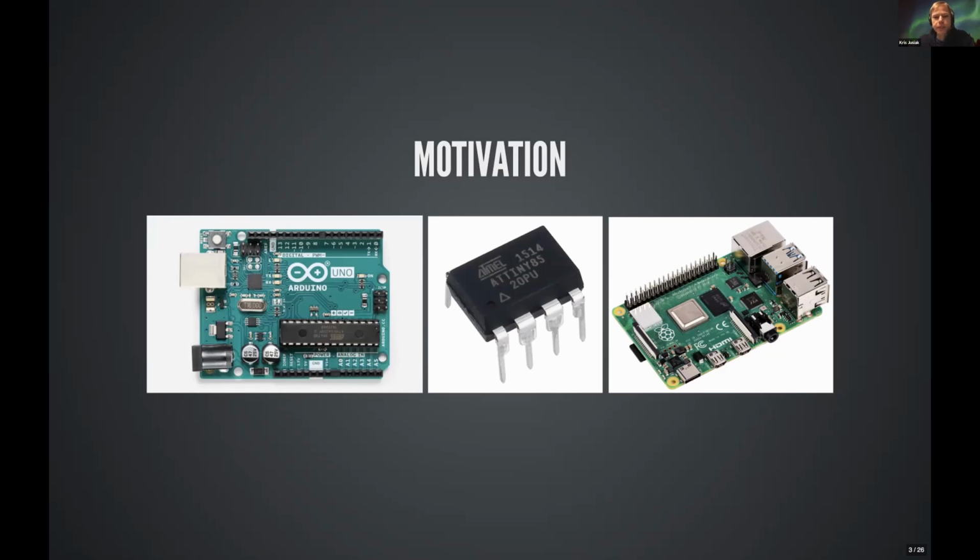ATtiny, for example, is compatible with Arduino, based on Atmel, much cheaper. You can get it below $1. And obviously Raspberry Pi, that's Pi 4, which is pretty awesome, and it's quite cheap as well. So we'll take a look into writing the same project the same way for all of those.